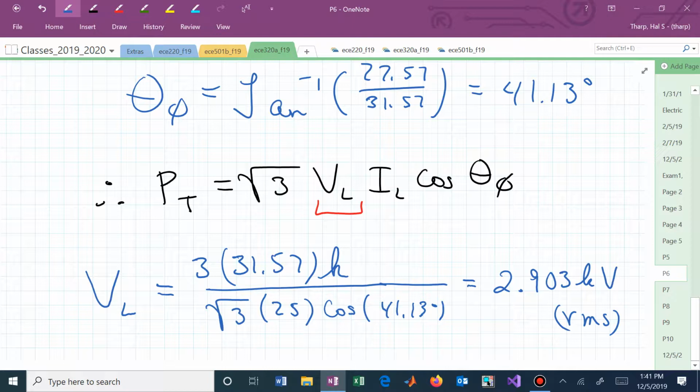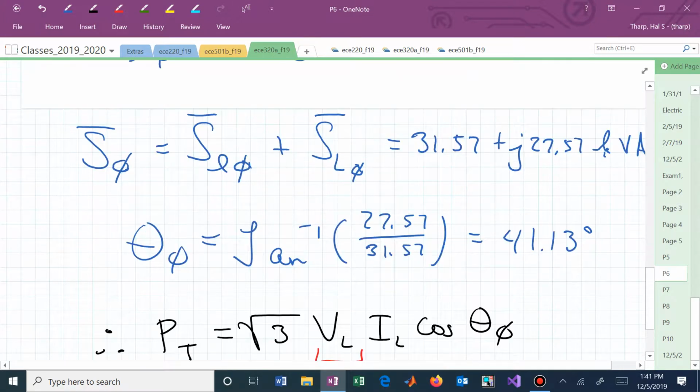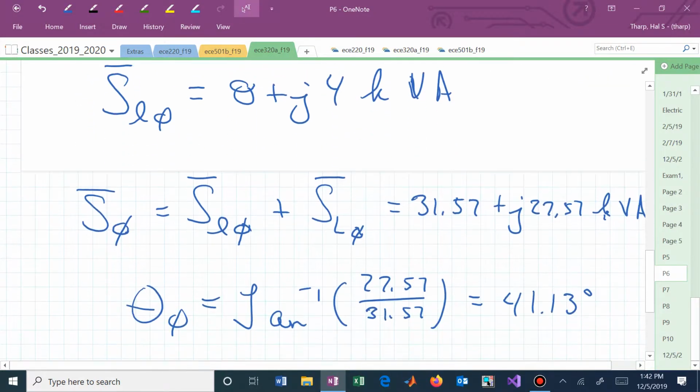Question. Where did the 3 come from? This is actually the 3 in this: I needed the real power of everything, and I found it right there. I found it for the load, and I was given what it was for the transmission line.